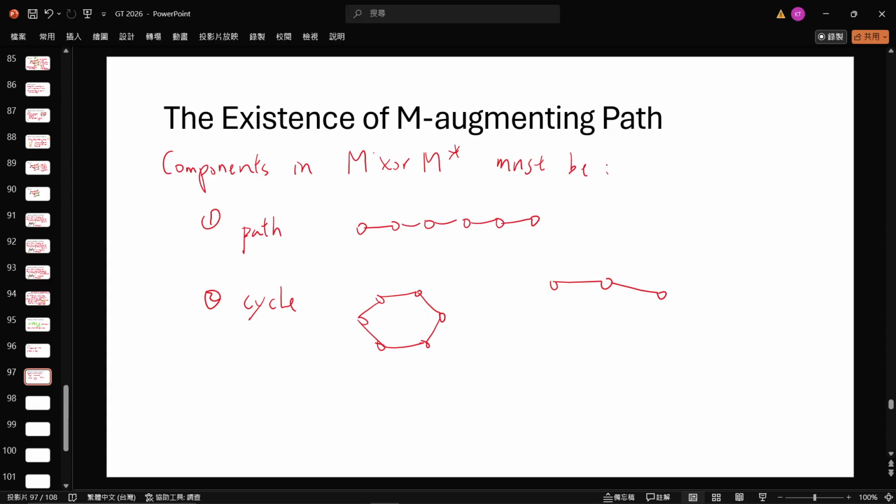So if I want to add any more edges to this component, I can only add them to the left or the right, or just connect these 2. So the only 2 possible components I can have are paths or cycles. Okay, so if it is a path, I claim that it must be an alternating path.